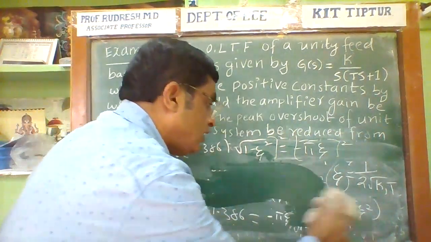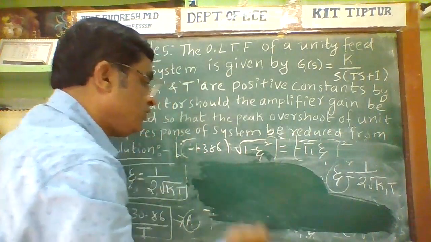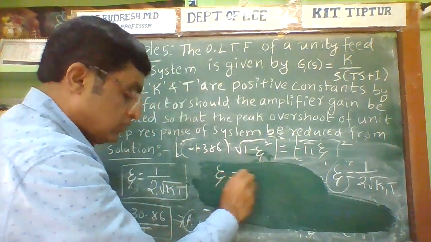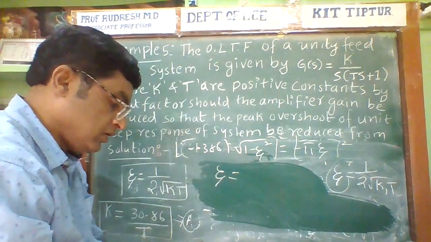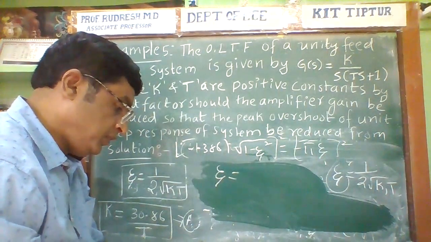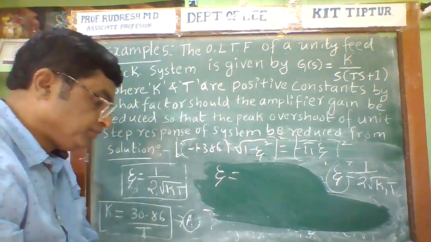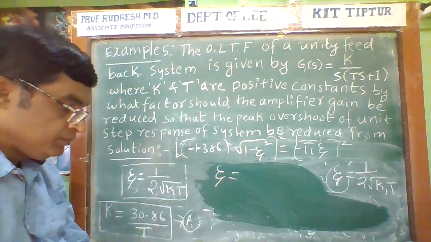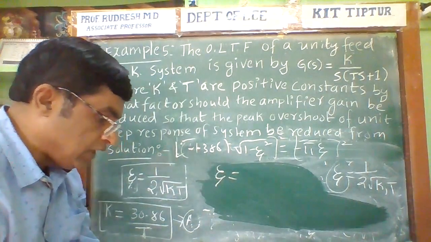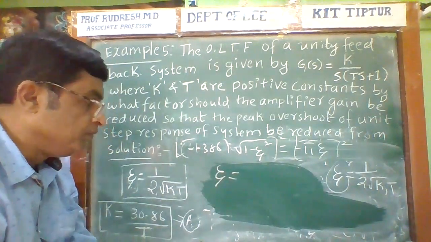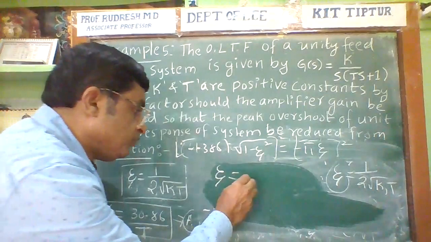Then you will get the zeta value. Calculate and then substitute, then you will get the zeta.